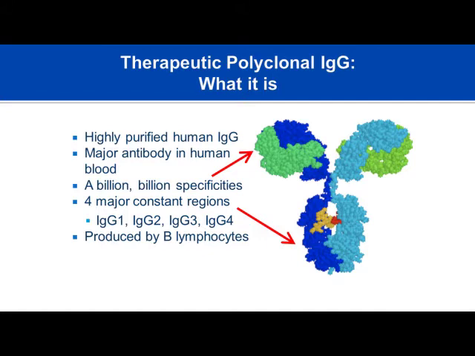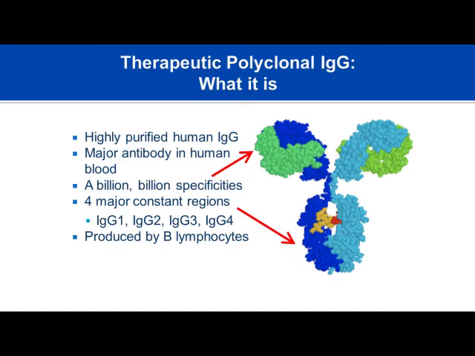In particular, immunoglobulin G. Polyclonal immunoglobulin that's used therapeutically is highly purified IgG, immunoglobulin G. This is the major antibody present in human blood, and there are amazingly billions and billions of different specificities contained within the antibody molecules, the IgG molecules, circulating in our blood.